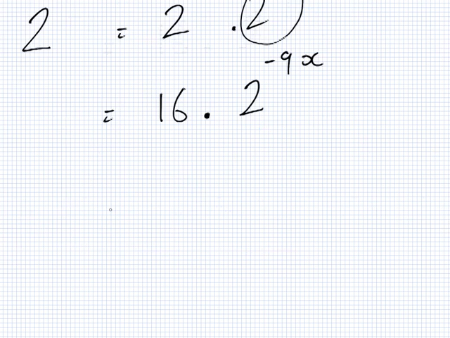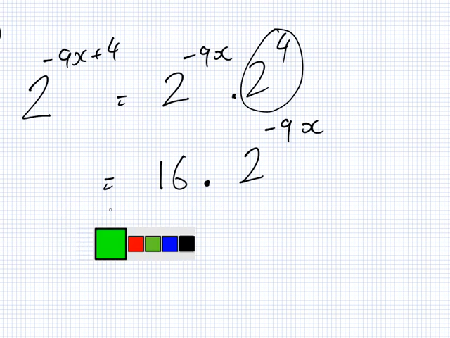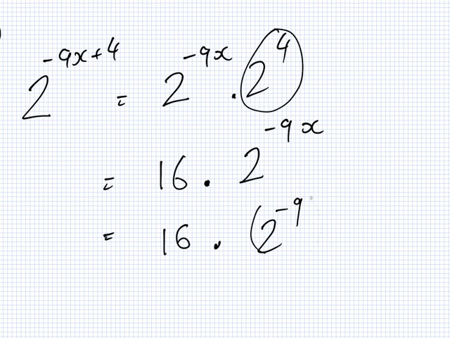Okay, so we'll go back here, and what I'll do now is I'll write this as 16 times 2 to the minus 9x. There's nothing interesting there. But now I'll use my trick from the left. I'll change this into e^(log 2^(minus 9x)).